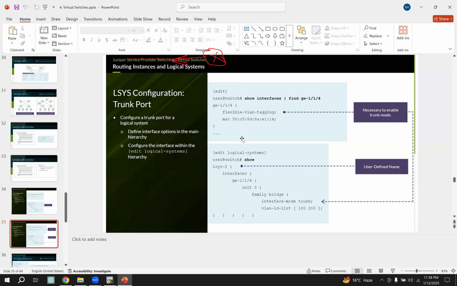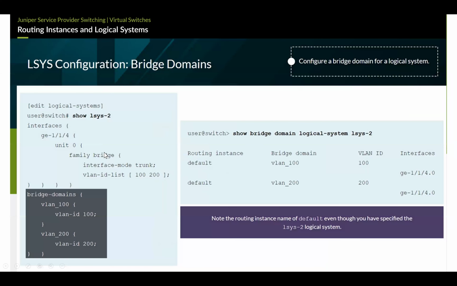Basically it's a trunk port. When you configure under a logical system, you have to configure this physical interface with flexible VLAN tagging. This is another consideration.